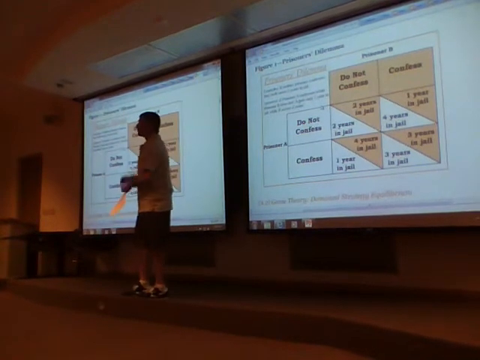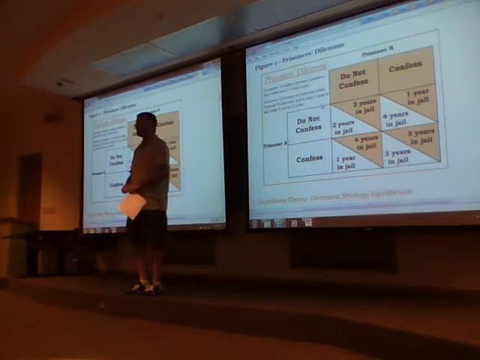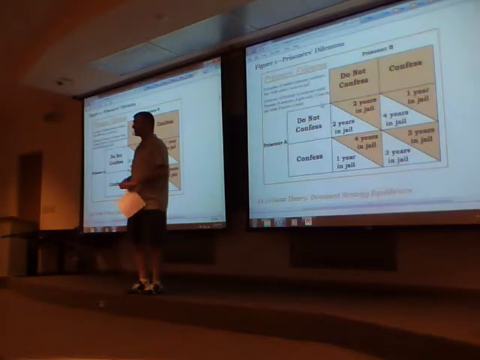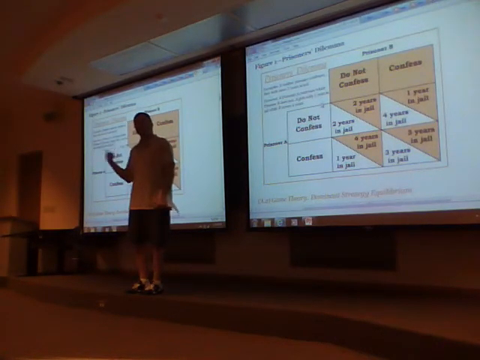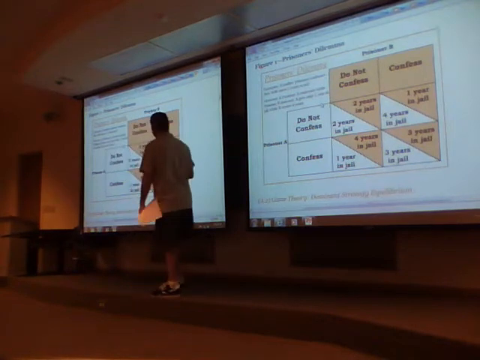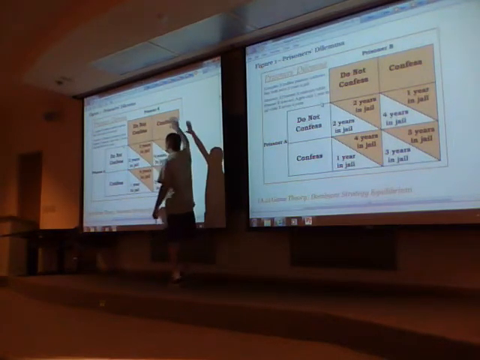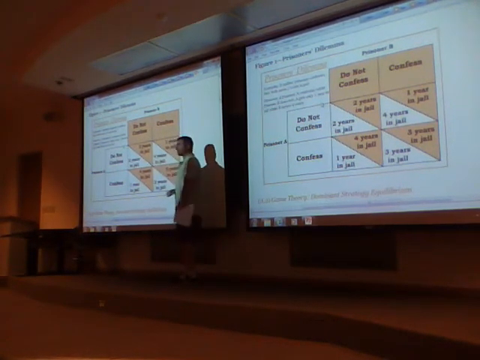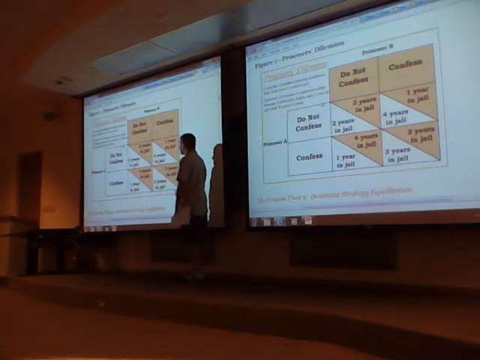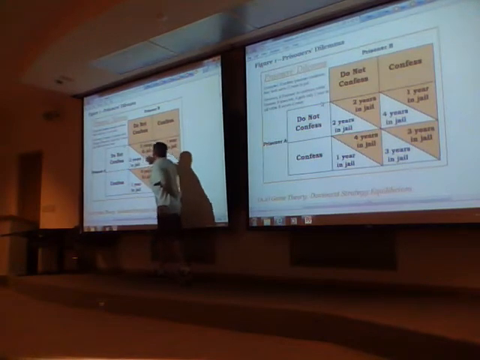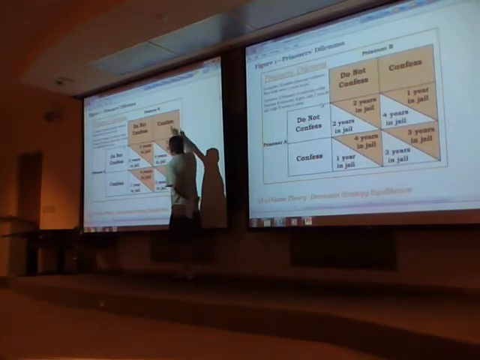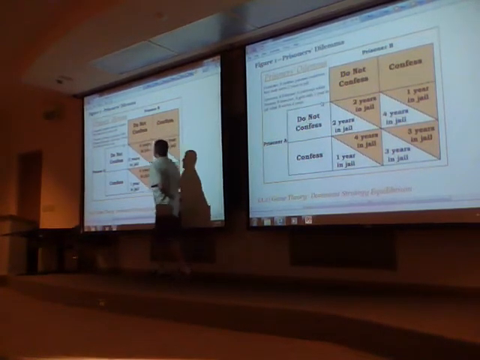If you look at this, you think prisoner B has a dominant strategy of confessing. Yes, the game is symmetric. If we go through that same logic, we're going to see that prisoner B is better off confessing regardless of what prisoner A does. I'll do it real quick. If prisoner A, we know, is not going to confess, then prisoner B would rather have 1 year than 2 years in jail.